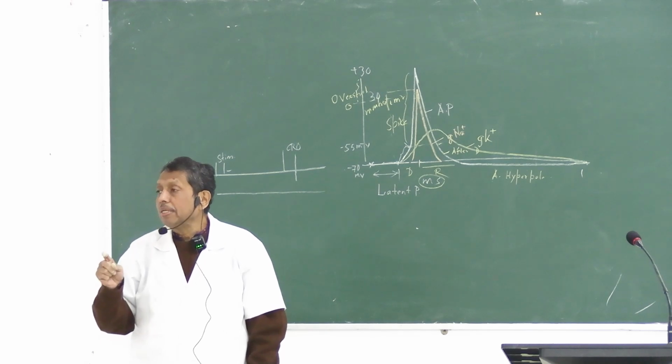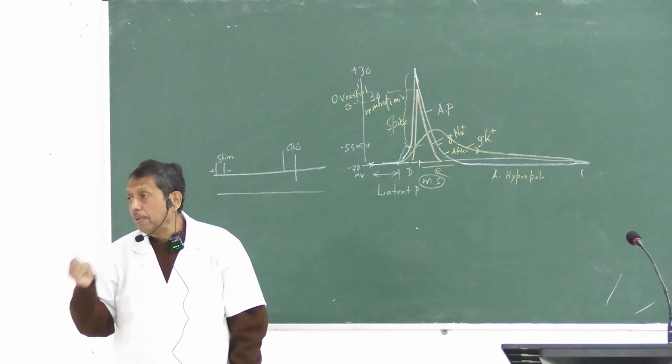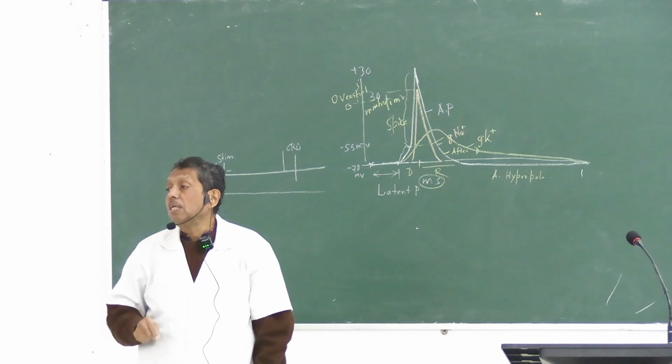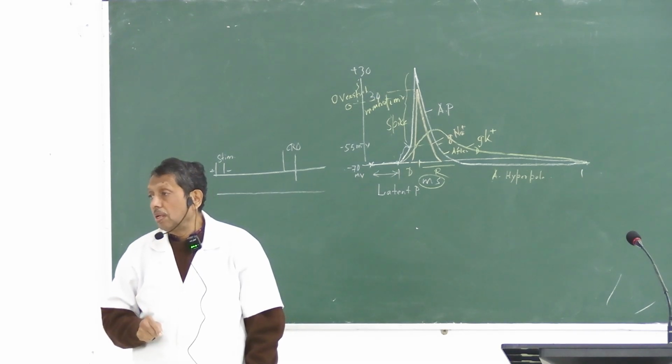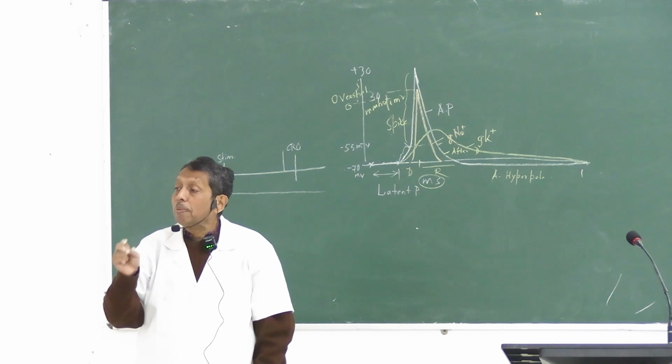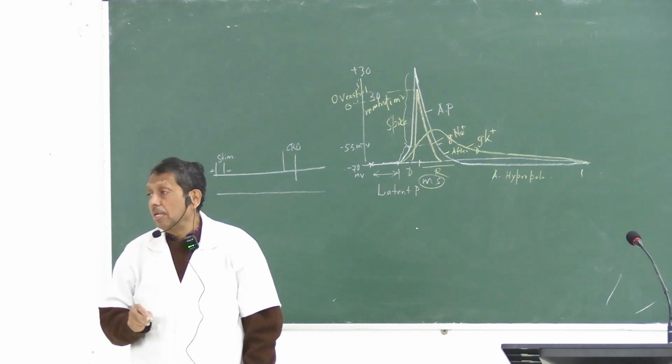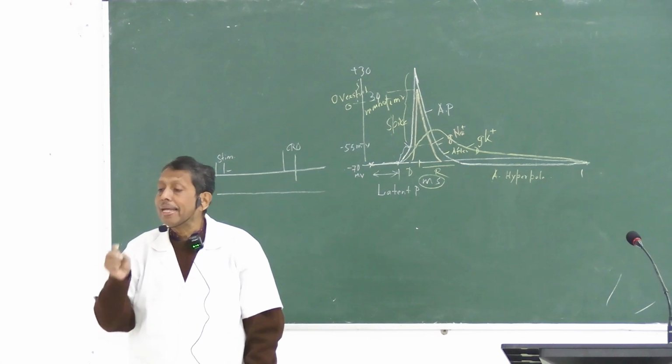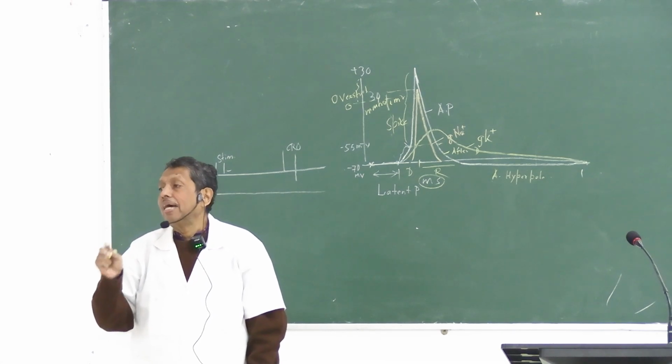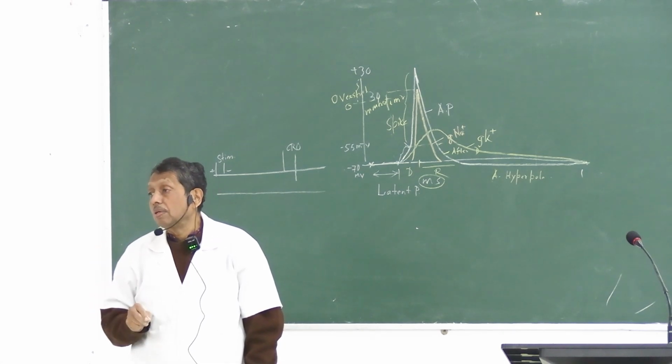and it becomes inactivated, and it can be reactivated when it comes to the normal position. It is due to the behavior of the sodium channels, which are formed of 4 subunits, and they have some component that behaves in this way.